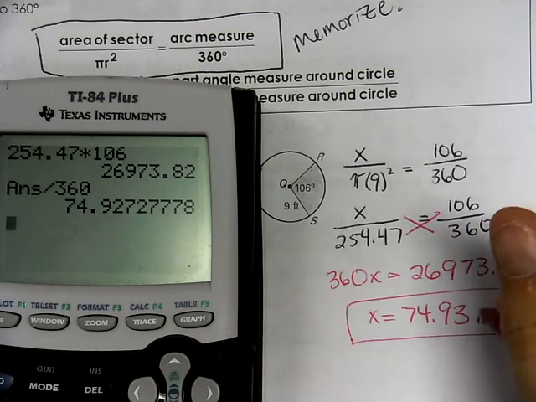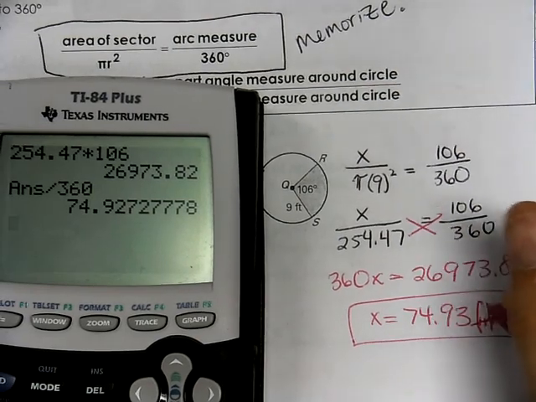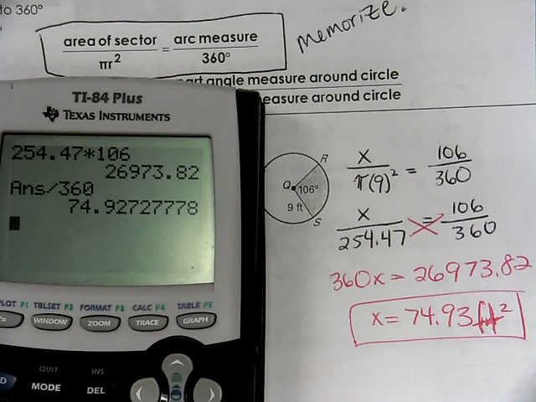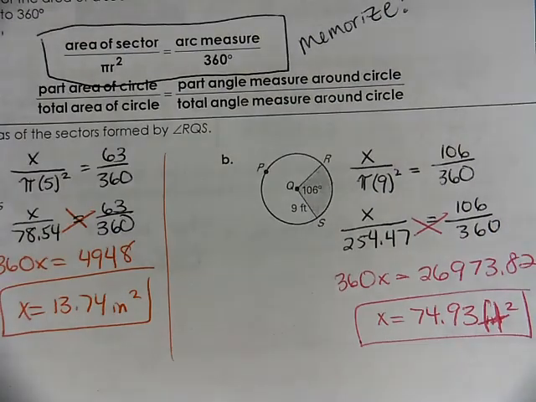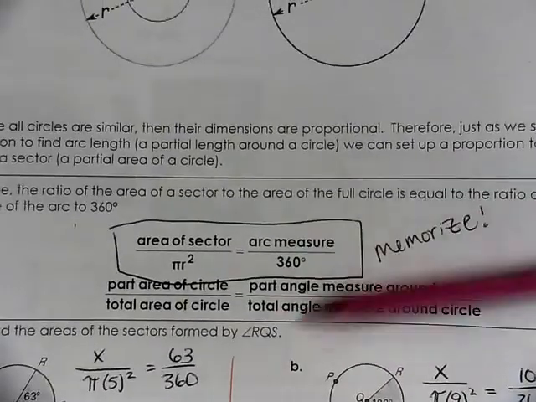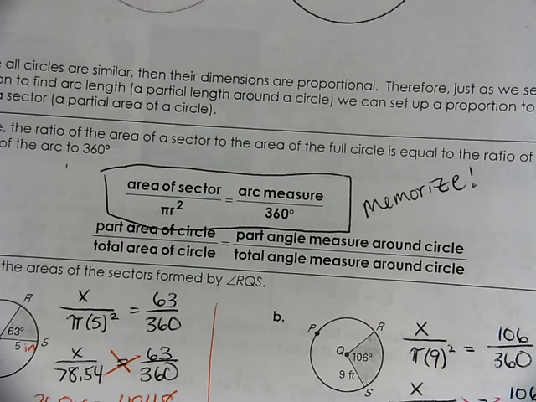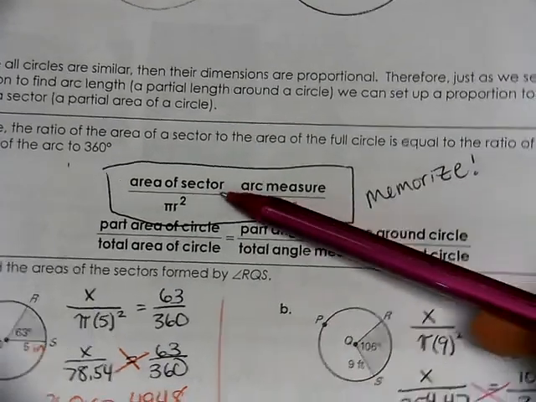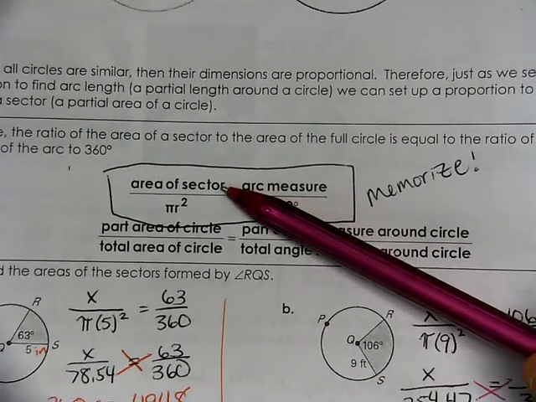Oh, it's feet. Thank you. I just looked at my answer key over there. So those are the easy ones where it's straight up just tell me the area of the sector. The next two, we're going to solve for other parts of my proportion. On the test on Thursday, you might not always have to just solve for area of the sector.